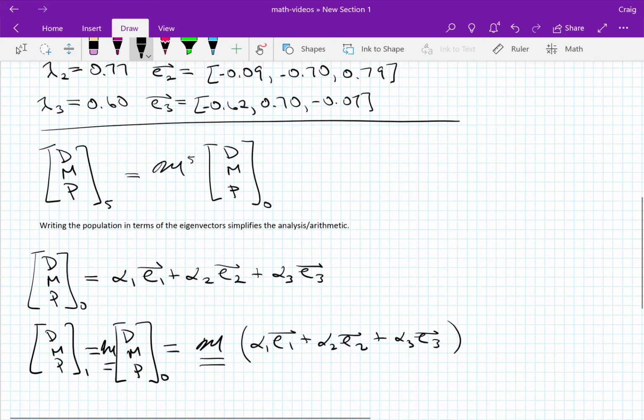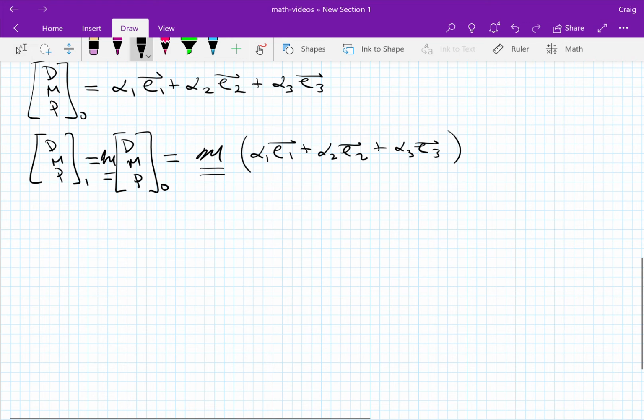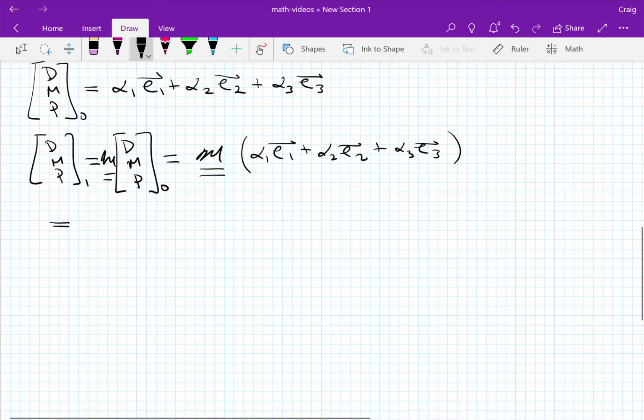Okay, so this is linear algebra, which means that the matrix multiplication distributes, and I can write that as alpha 1 times M acting on E1 plus alpha 2 times M acting on E2 plus alpha 3 times M acting on E3.